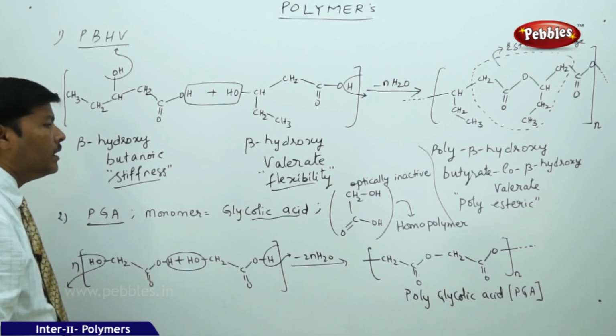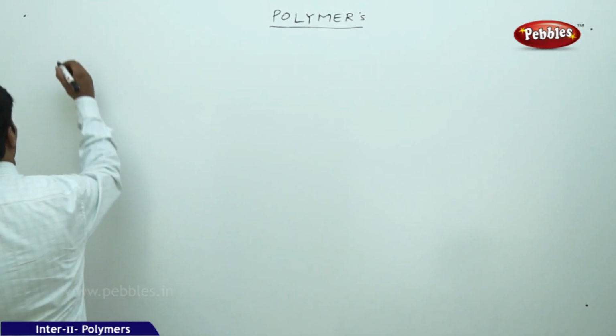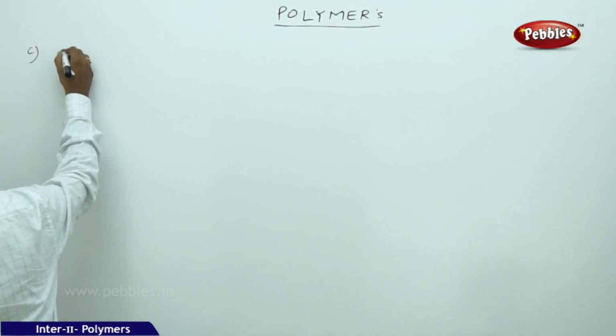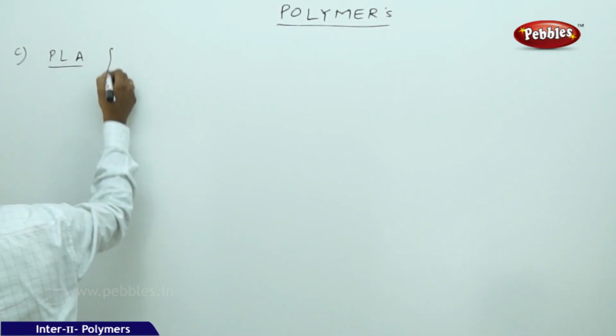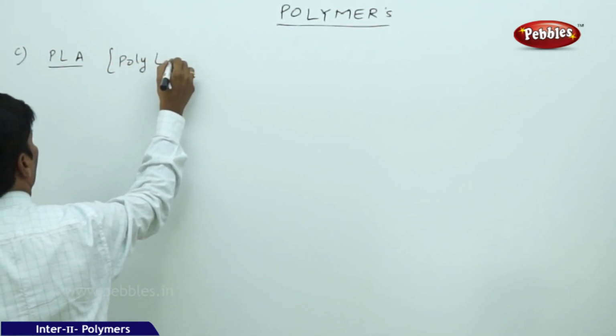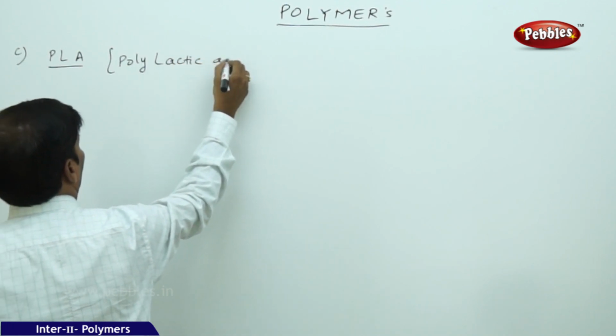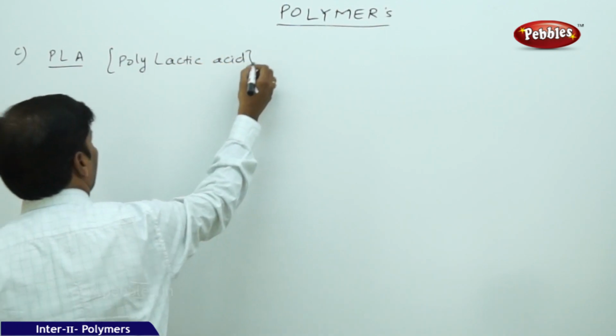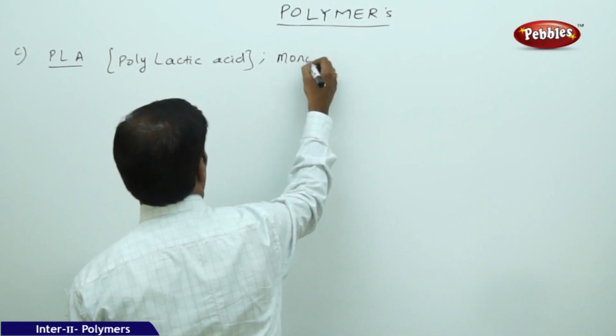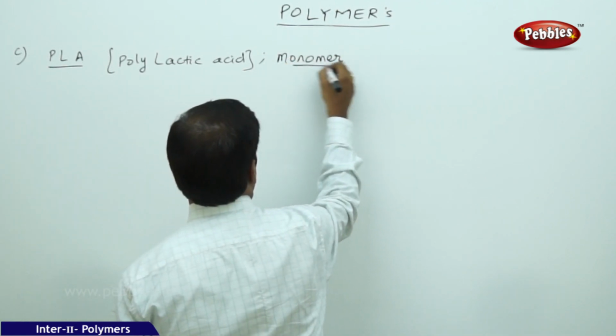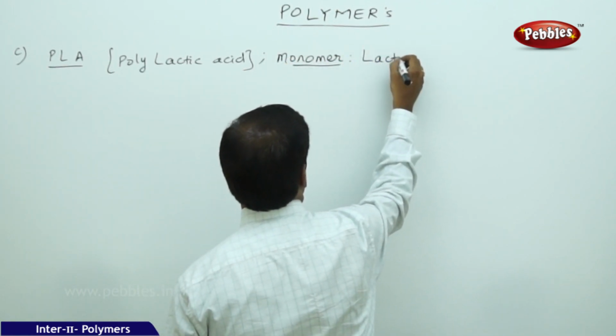This is polyglycolic acid. Next one, the third one, that is PLA, polylactic acid. The monomer is lactic acid.